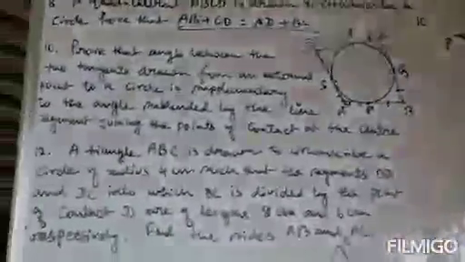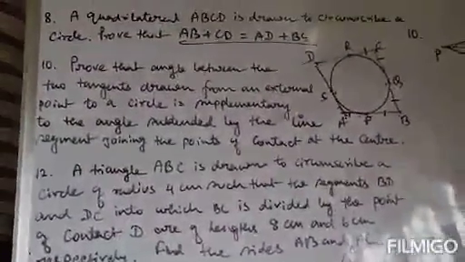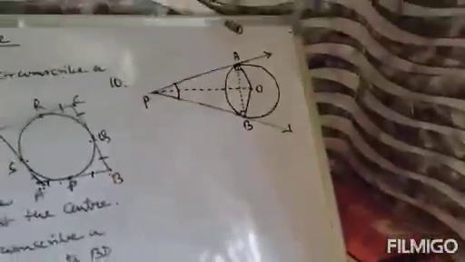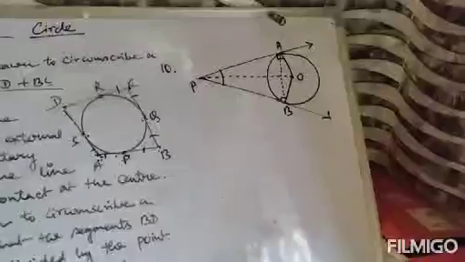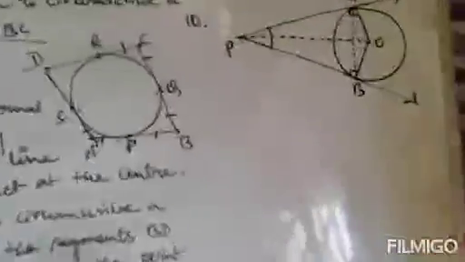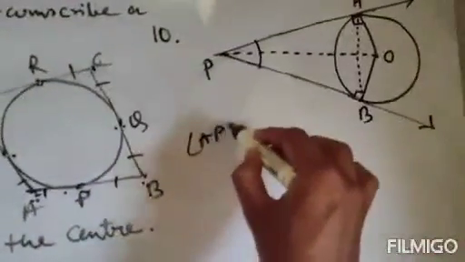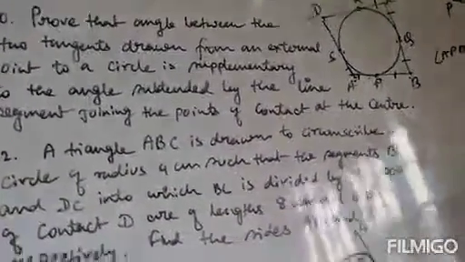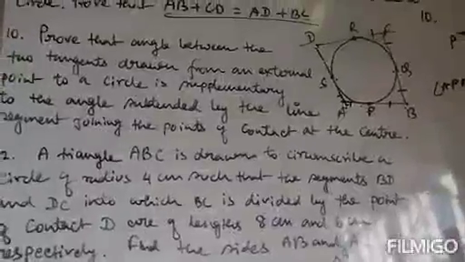Now according to the question, it says the angle between the two tangents. The angle between the two tangents means this angle, angle APB. And it is supplementary to the angle subtended by the line segment joining the points of contact at the center. That means this angle.